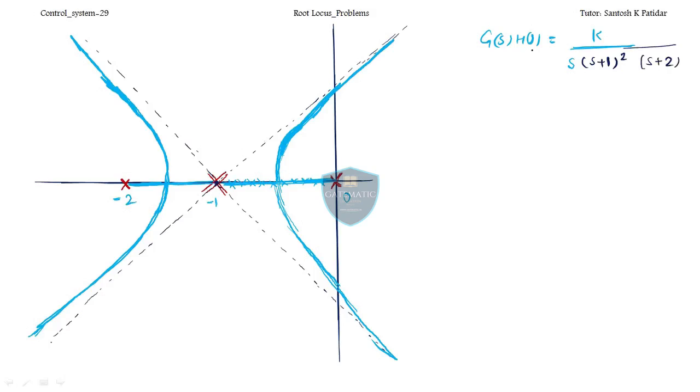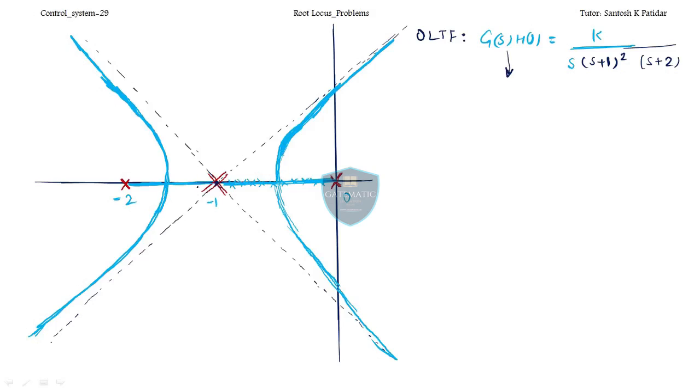Remember, it's always the open loop transfer function. Corresponding to this, I have drawn the root locus diagram. The roots of the characteristic equation of this system will follow this graph.